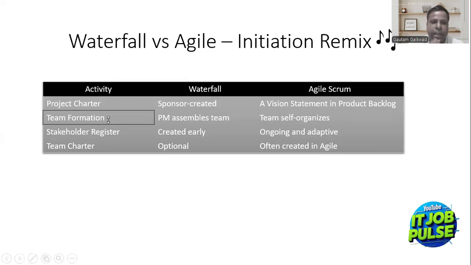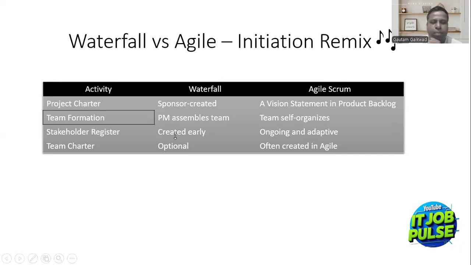Team foundation activity: the PM assembles the team, then the team self-organizes. The point is about self-organization, but still the team is managed by a product manager or any other manager in the organization.